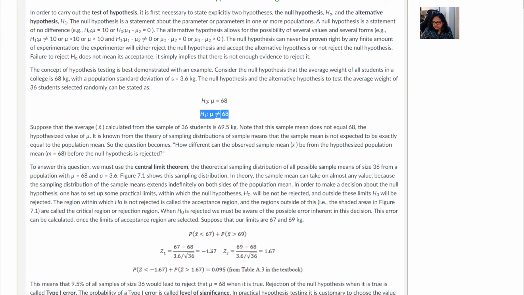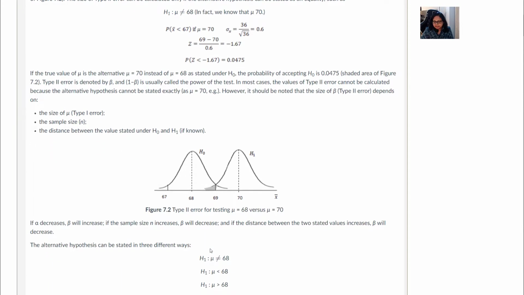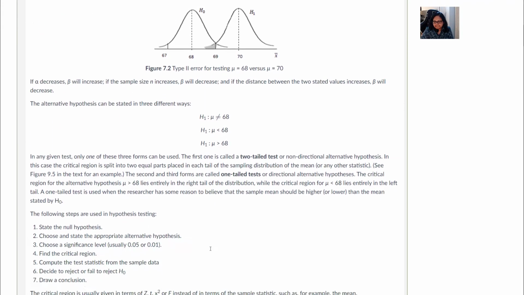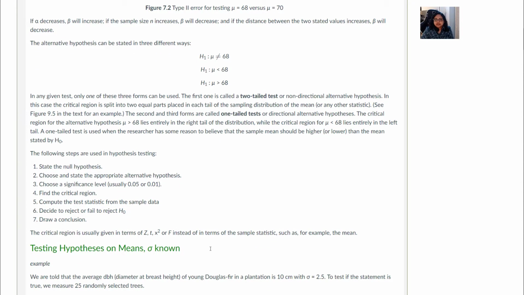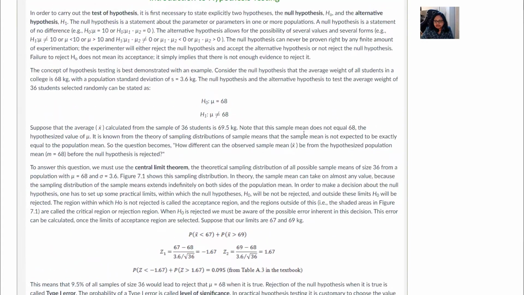So you can read all this text. Over here we say that the steps we have for hypothesis testing is that you have to state the null hypothesis first. That means what we are saying about the population. So you will see that we gave you an example.